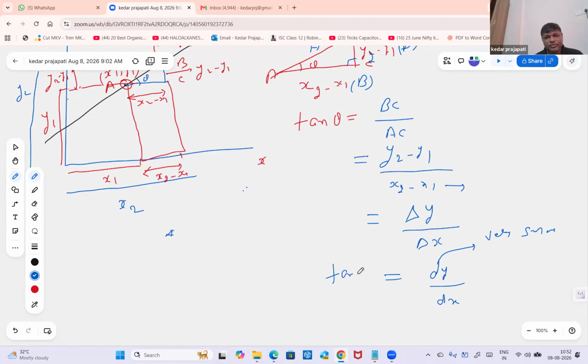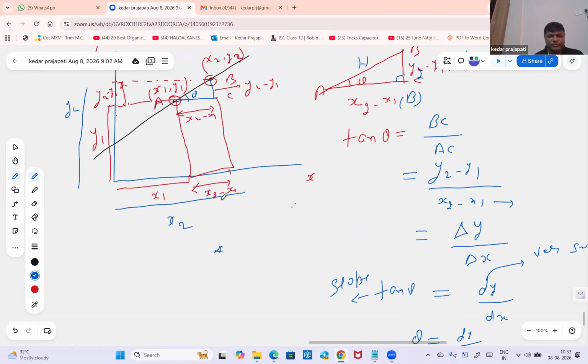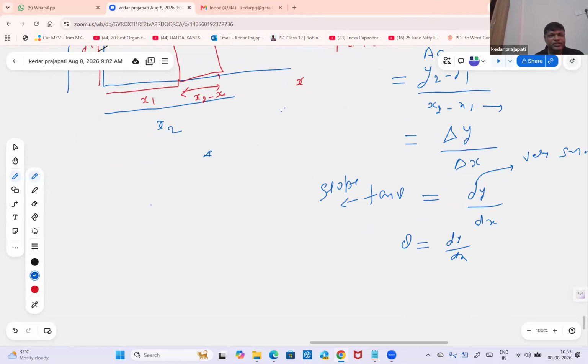So this is tan theta. Right? And when the change is very small, this will become theta equal to dy by dx. And this tan theta was nothing but slope. Right? So what is happening now? We were in this straight line, and I was able to tell you what is m, what is mx plus c.